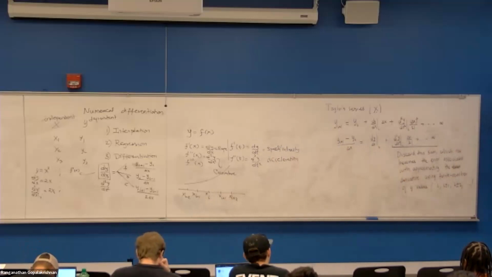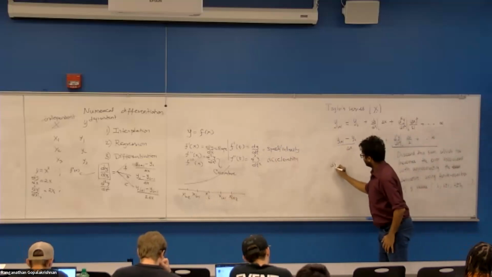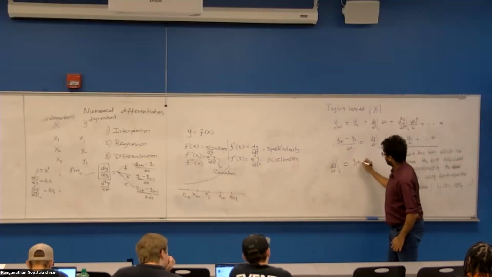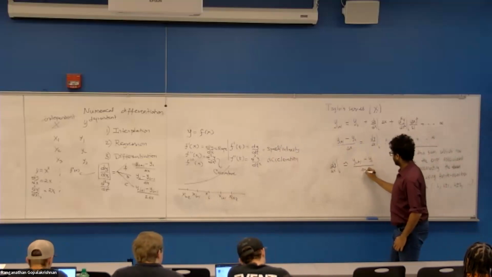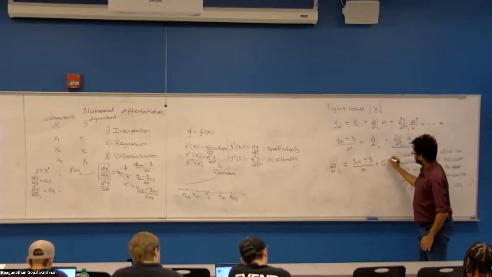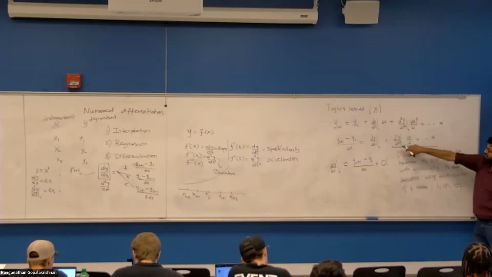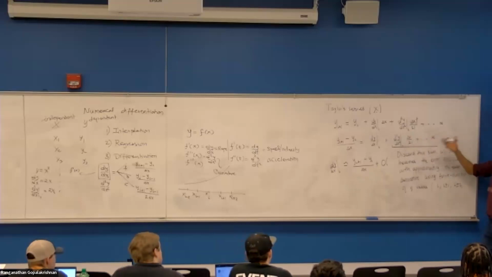We saw this also. So then we write dy by dx at i is approximately equal to yi plus 1 minus yi divided by delta x, and the error associated with it scales as what? What is the leading power of delta x in this summation that you discard?